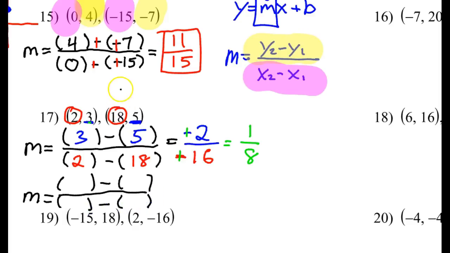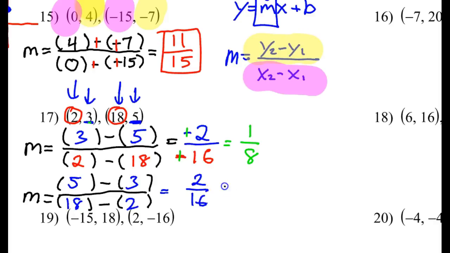If I did this the other way, and I said, well, I'm going to put 5 minus 3 on top, and I want to do 18 minus 2 on the bottom, what do you get? Yeah, 2 over 16. Right, which equals 1/8.